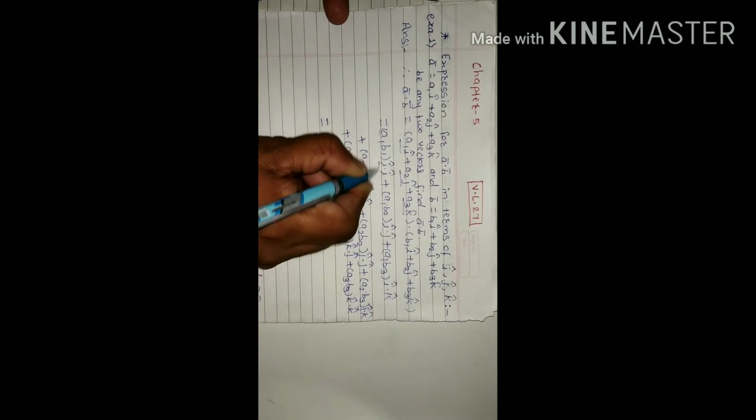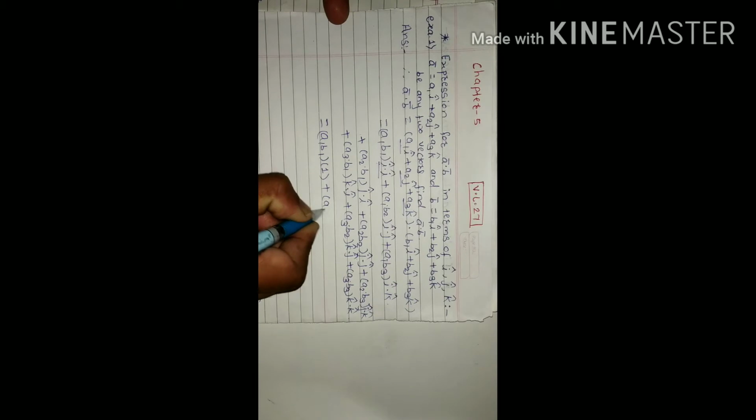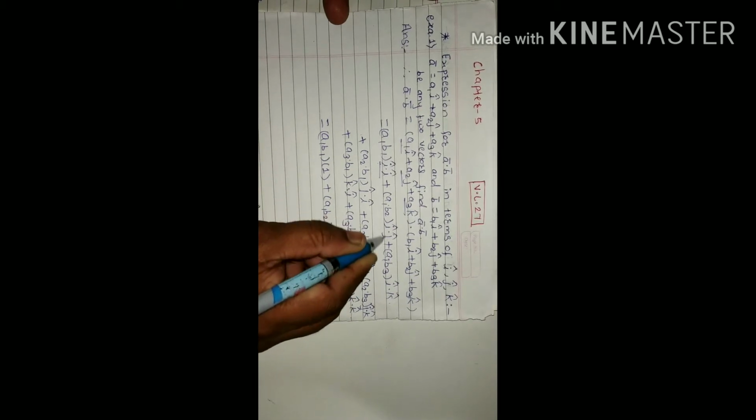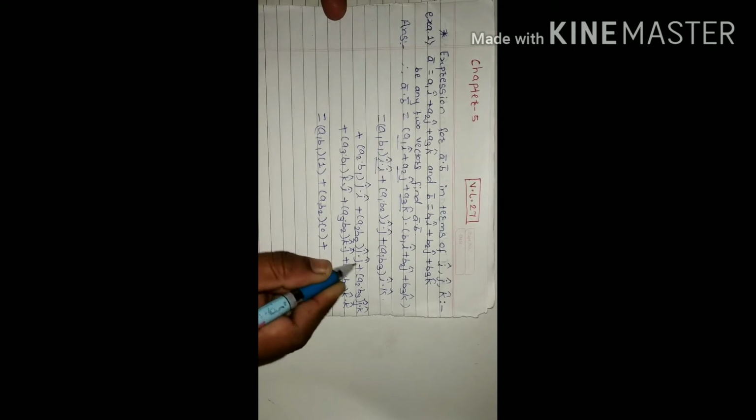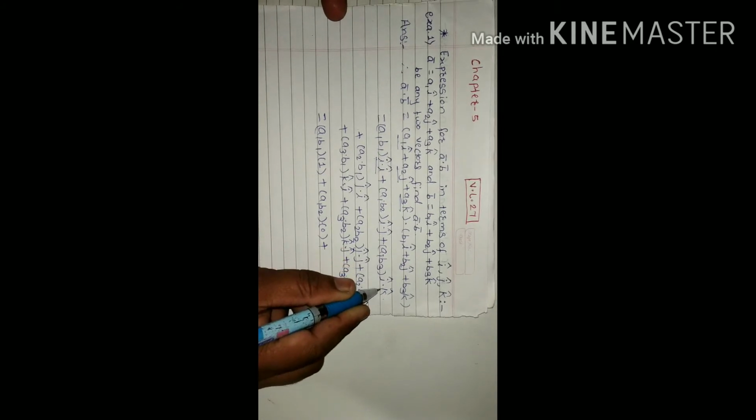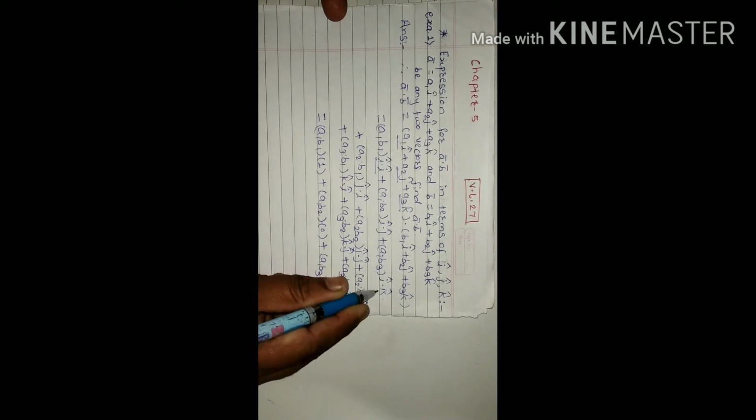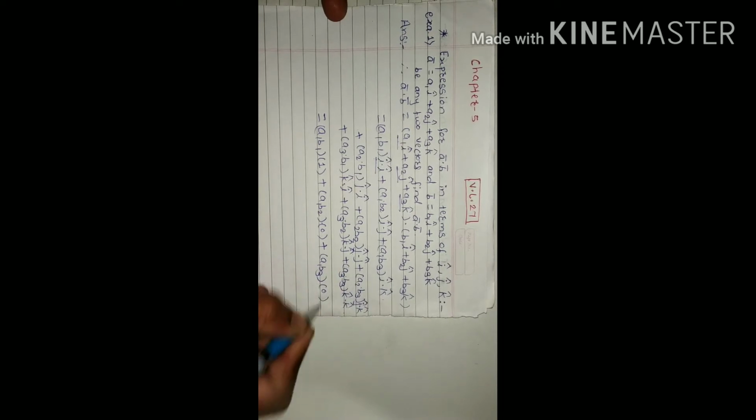Put the values and write the above equation, that is equal to a1 into b1 times i cap dot i cap, which is 1, plus a1 into b2 i cap dot j cap, that is 0, plus a1 into b3 i cap dot k cap, that is also 0.